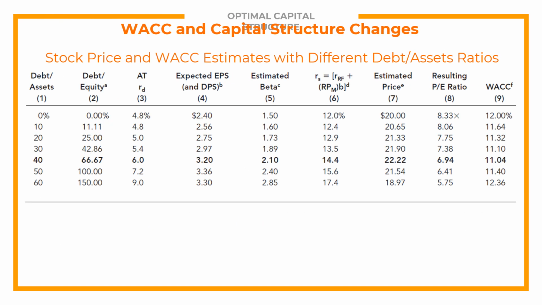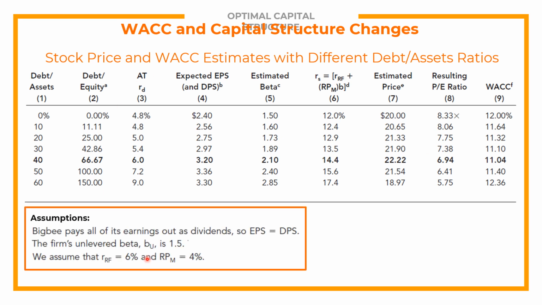Okay, so we have here the stock price and the WACC estimates with different debt asset ratios. So again, I repeat, everything here is computed. Okay, so we have the assumption that Big B pays all of its earnings out as dividends.